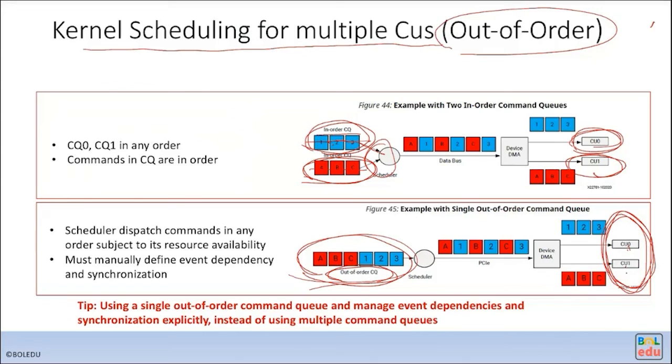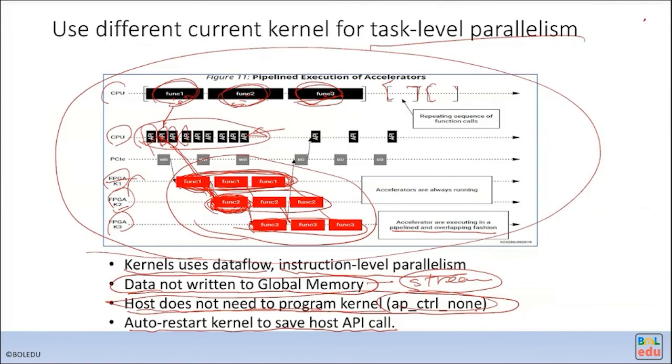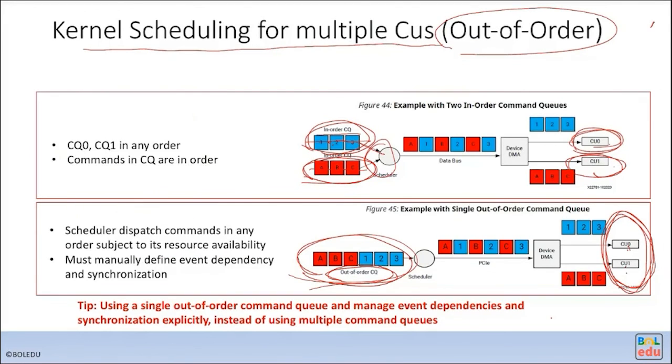So you have two methods to manage multiple compute units. And what Xilinx suggests is to use a single out of order command queue and manage the event dependency and synchronization, instead of using multiple command queues.